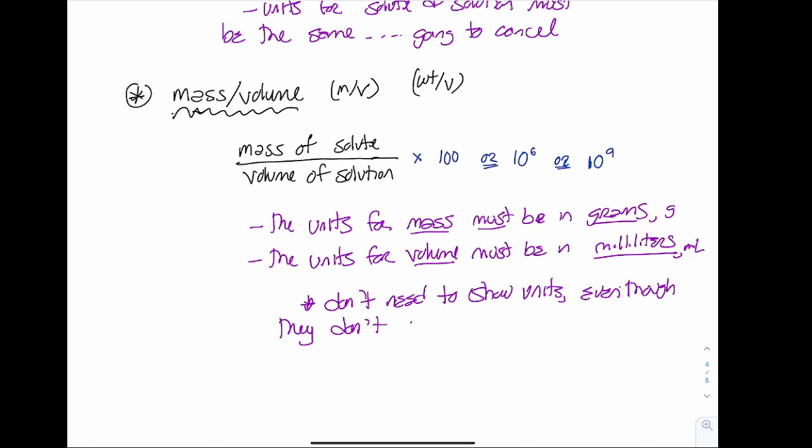Usually you would lose points for not showing units unless they cancel. In this case, you don't have to. It's assumed to be grams per milliliter. So the mass has to be in grams, the volume has to be in milliliters. If that's the case, then you just don't have to show your units even though they have them.